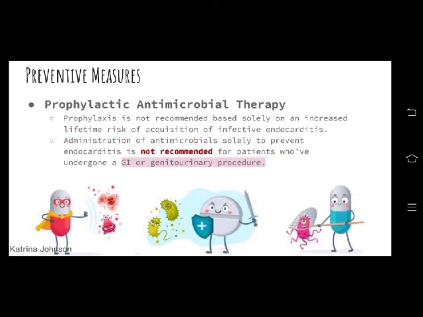So they can't give prophylactic antimicrobial therapy just because this patient might possibly get infective endocarditis in the future because they have a high-risk cardiac condition. No, this patient needs to have the high-risk cardiac condition and has to be undergoing the specific procedure that is associated with inducing bacteremia. So even with appropriate infective endocarditis prophylaxis, only a small number of cases might actually be prevented with prophylactic antimicrobial therapy.